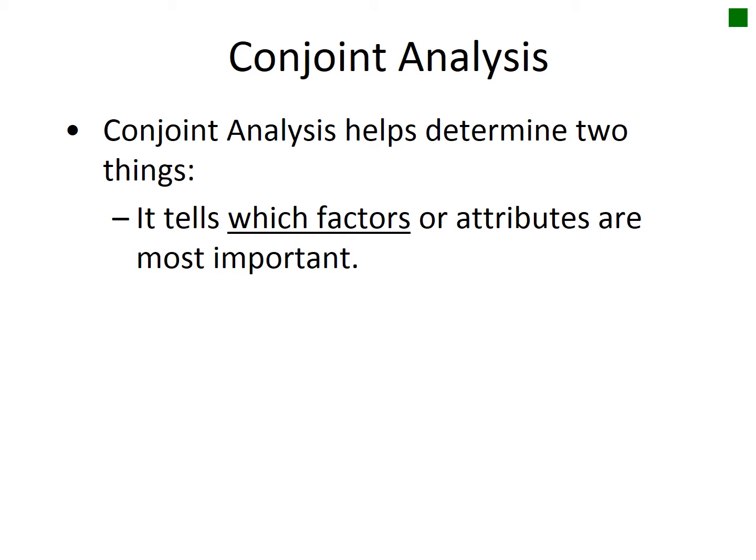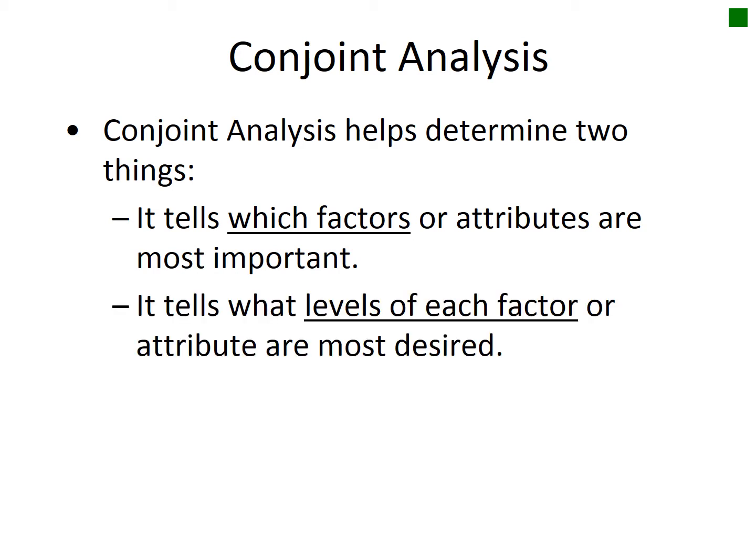This technique using conjoint analysis will tell us specifically which are most desirable. The second thing is, if we have various levels of each factor or each attribute, then we will be able to identify which of those levels are most important too.